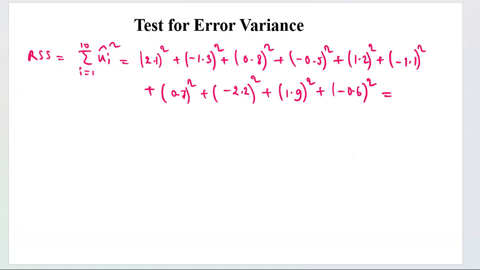If you do the sum, you will get 18.94. So RSS is 18.94, right?